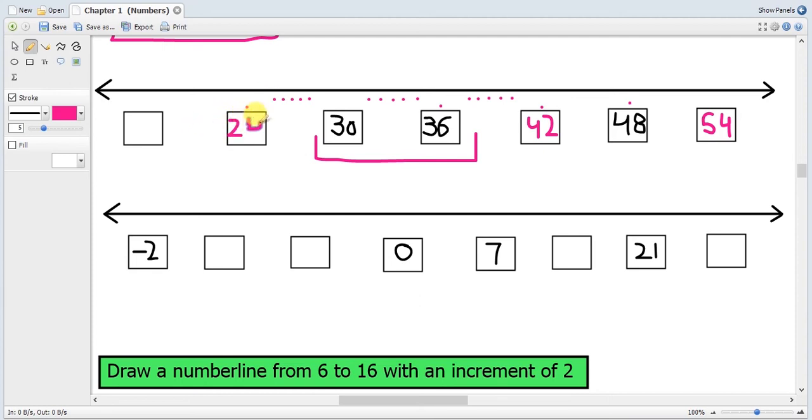Or simply what you have to do is take away 6 from this 30, you'll reach this digit, right? Now take away 6 from this 24, you'll come to this digit, so it will give you 18, right? Okay, moving on to the next question.